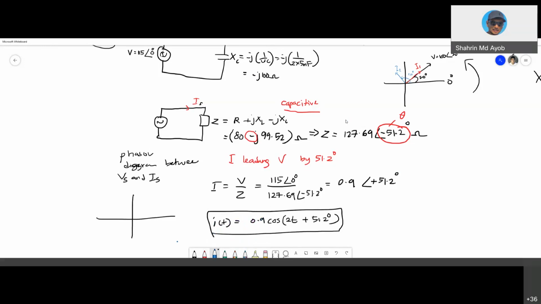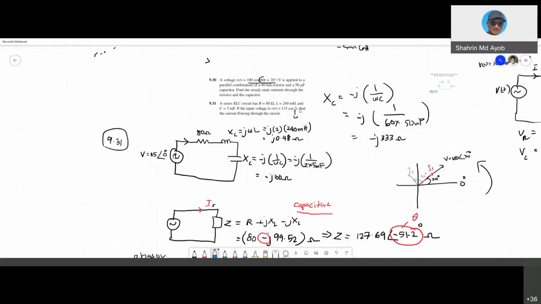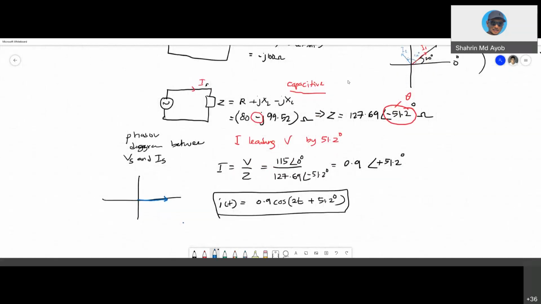Your voltage is here because the phase is 0, and the magnitude is 115 volts. And the current is here, with magnitude 0.9.